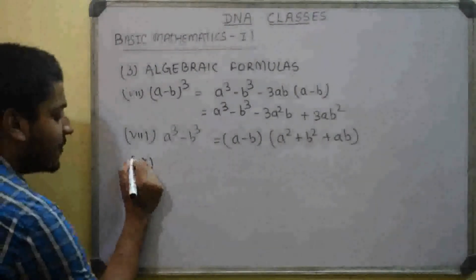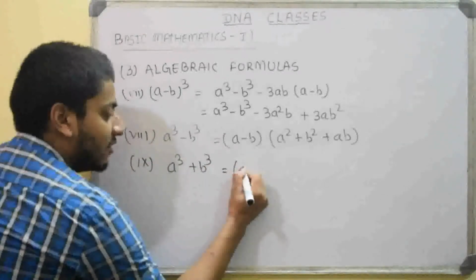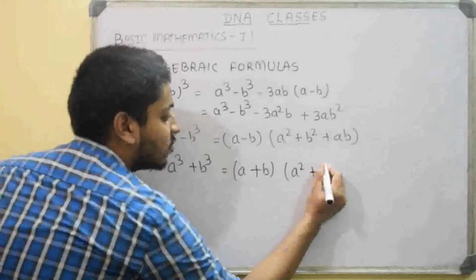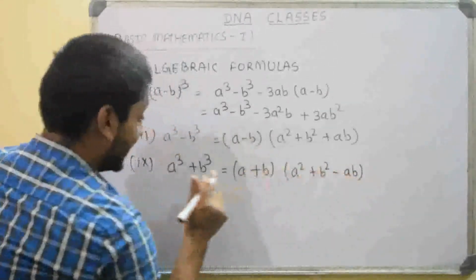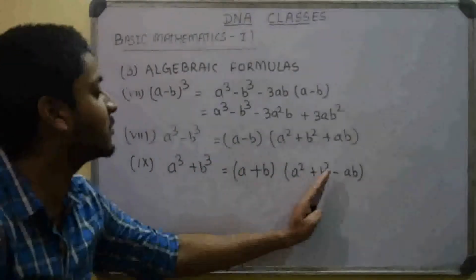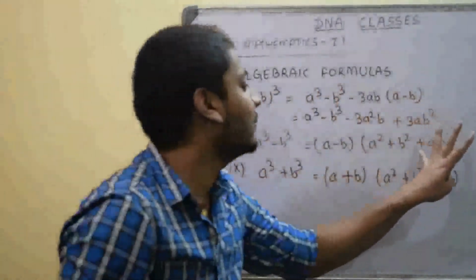Now next formula, a cube plus b cube, that will be a plus b into a squared plus b squared minus ab. If it is a cube plus b cube, we have to take a squared plus b squared minus ab. But if it is a cube minus b cube, we have to take plus ab.